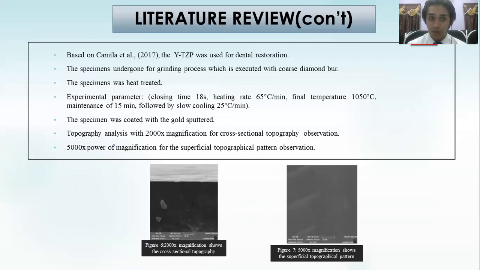And after that, the specimen was heat treated with the experimental parameter, which is they use 65 degrees Celsius per minute for heat rate and 1050 degrees Celsius for the final temperature. And after that, the specimen was coated with the gold sputtered. And lastly, the specimen goes to the SEM machine, which is for the topography analysis, as you can see in figure 6 and figure 7.